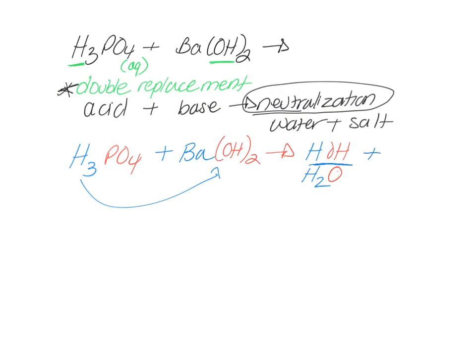The other thing that we're going to get is barium phosphate, so I might have to use my scrap paper and say, okay, barium is 2 positive, phosphate is 3 negative, so that when they go together, I get Ba3(PO4)2.